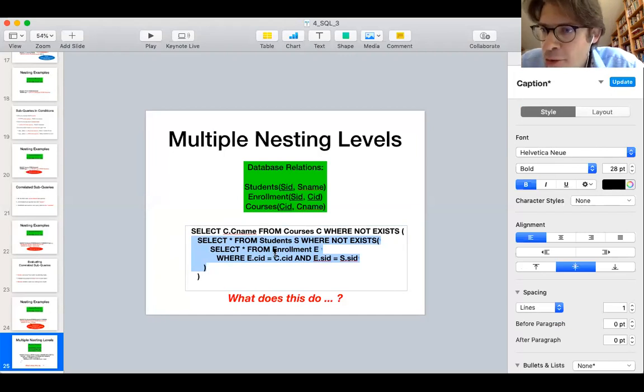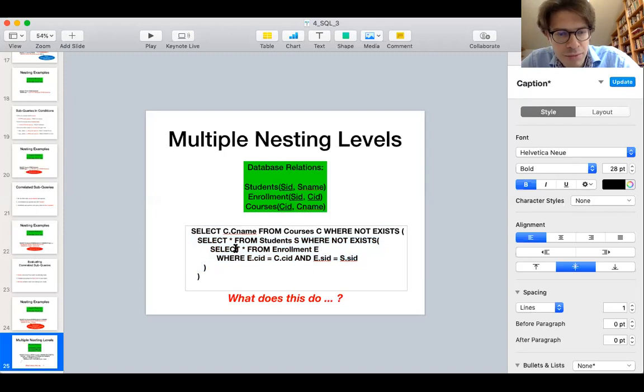So I'm essentially looking for courses where no student is not enrolled. Formulated differently, I'm looking for the courses where all the students are enrolled, which most likely is empty, the result of that query. But that is what the query is looking for.